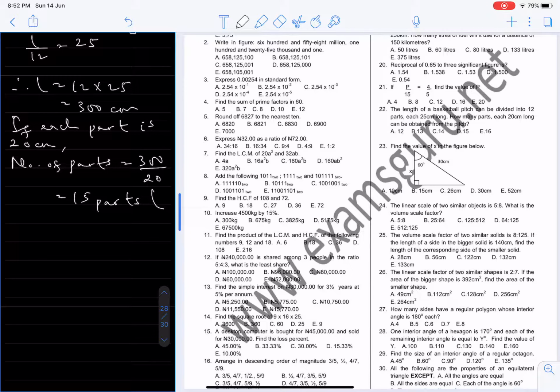The number of pieces you have is 15, and that's D.